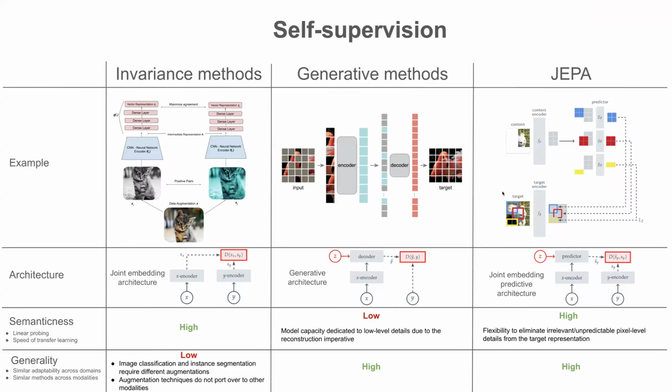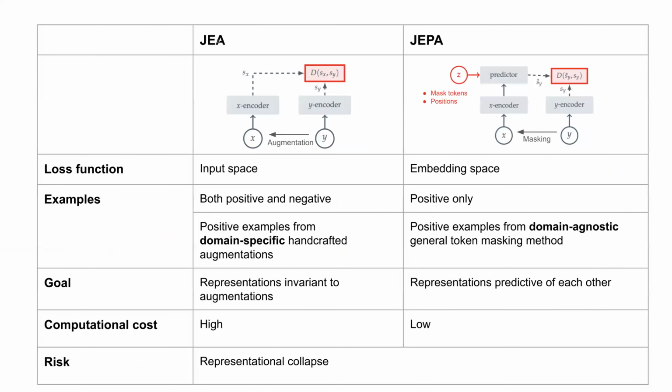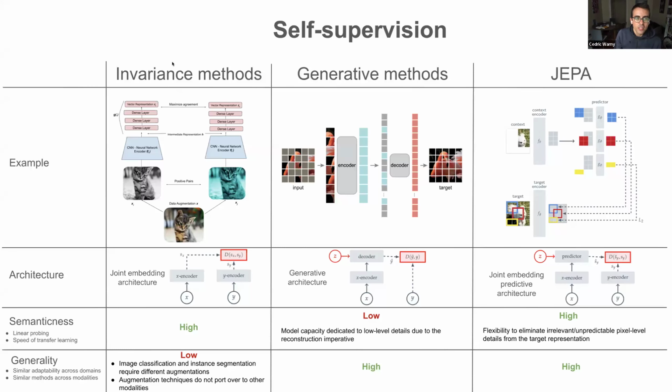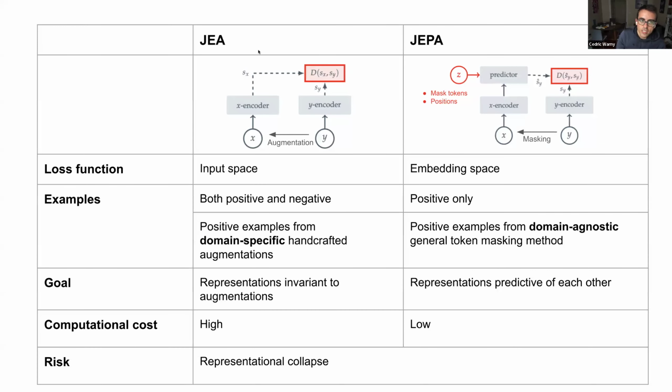This is a very high level table here. In this table, I contrast a little more these two columns, essentially the invariance methods and JEPA. Invariance methods, alternatively, we call them joint embedding architectures, so that's JEA here. Again, this is the same diagram.